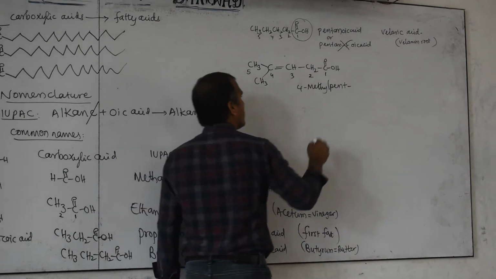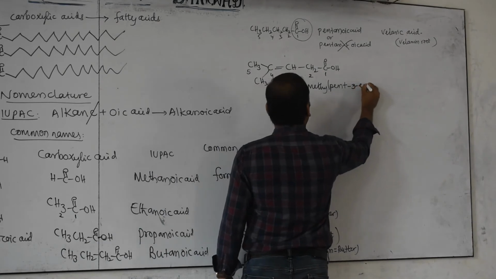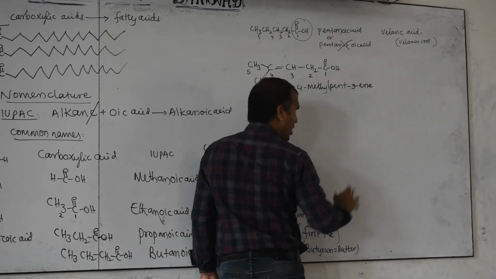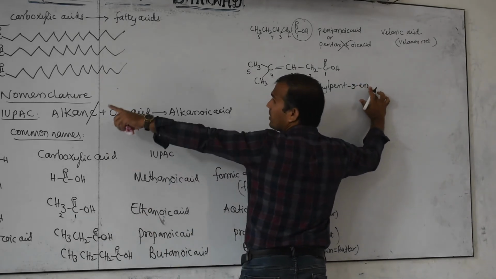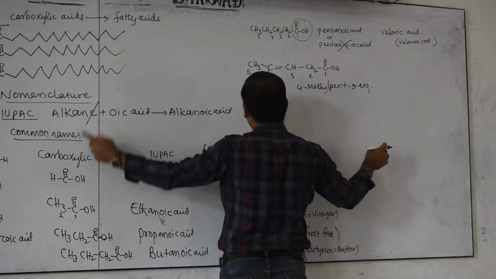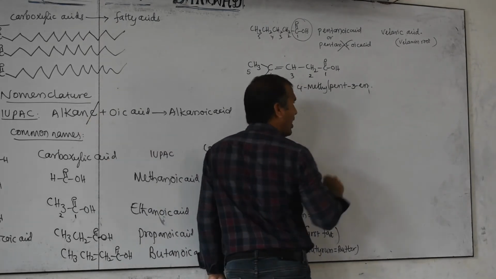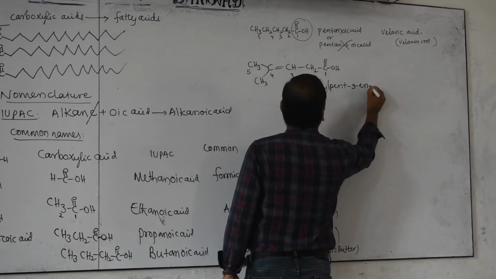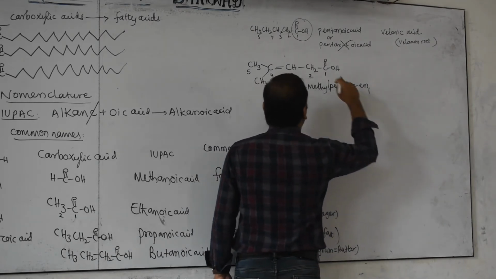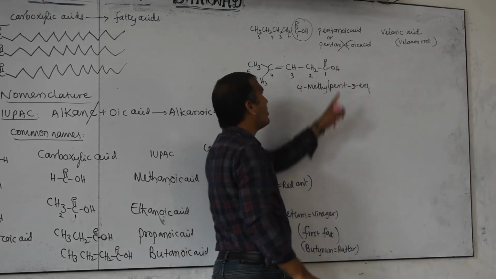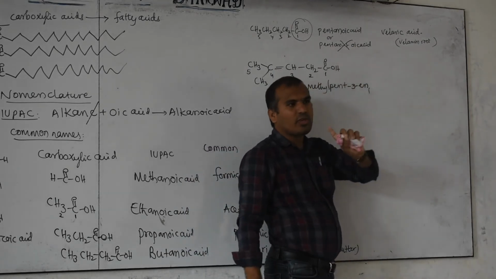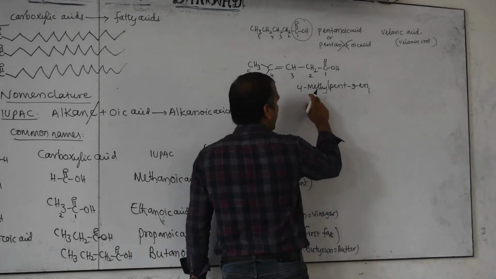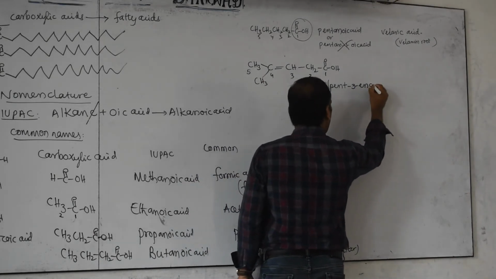Okay, third position. 3 E, but E is removed like this. Here the rule is that alkane E is removed, alkene E is removed, alkane also E is removed. So 3 E oic acid. I don't write here 1 oic acid because 1 should not be represented for carboxylic acid. That's what it is called, 4-methyl pent 3-enoic acid.